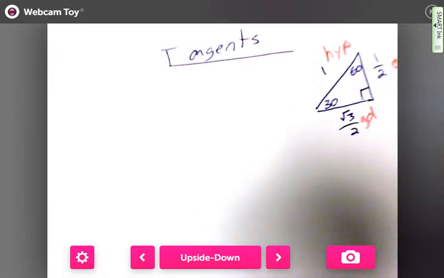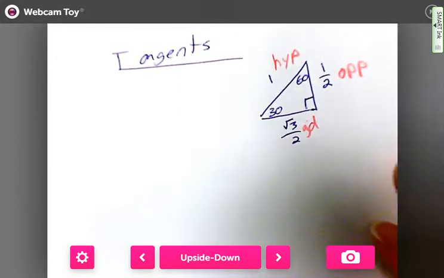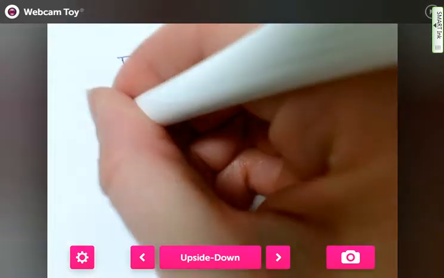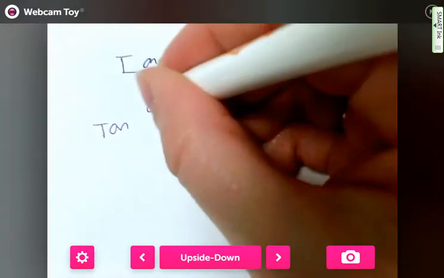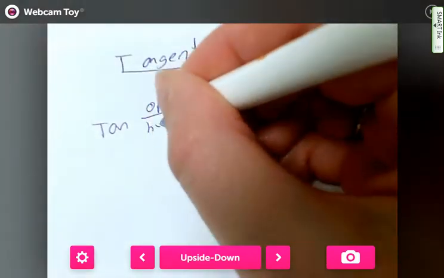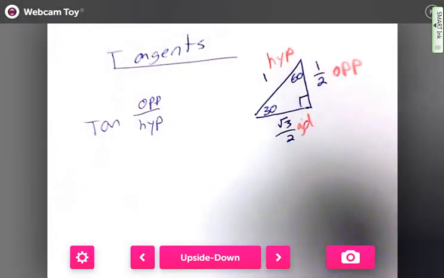Okay? Now, tangent is the opposite over the hypotenuse. Okay? So we're going to have to know a couple of things for tangent.